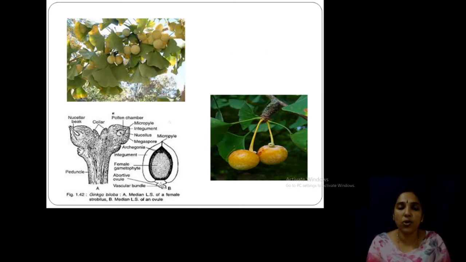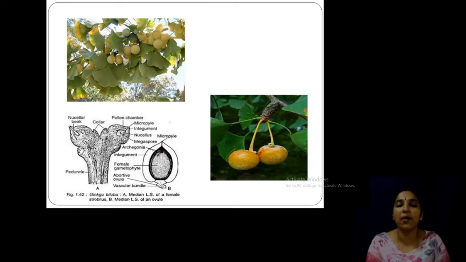So, you can take a cross section of this, a section of the ovule. You can see the ovule has a micropyle, but not as well developed as in cycadales and coniferales, and there are vascular bundles at the base and the abortive ovule at the base. This is a mature ovule, and inside a female gametophyte develops, with nucellus and archegonia.